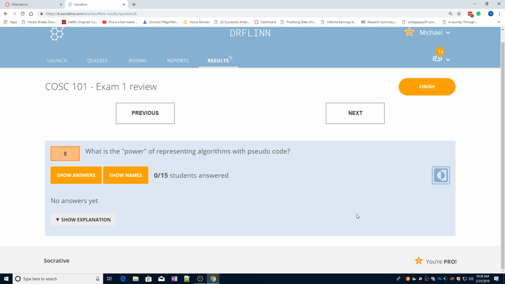What is the power? Two different things. The power of representing algorithms using pseudocode instead of jumping straight to code. Why do we want to represent pseudocode? I'll give you 1 minute on this one.